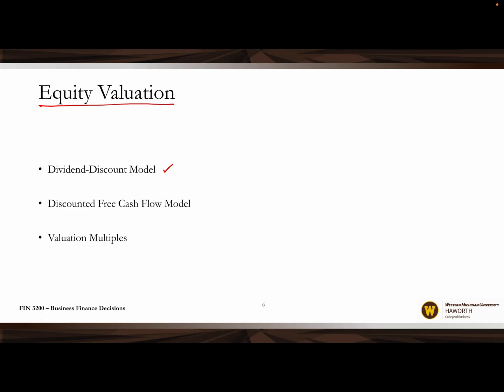It's just a model that theorizes that the share price should be equal to the present value of all of the future dividends. It's a reasonable model, but it's not applicable in all situations. So that's where these other models come into play, and we'll talk about the other two today.